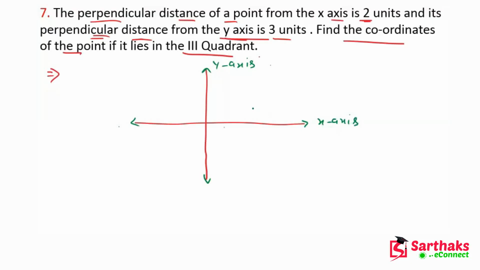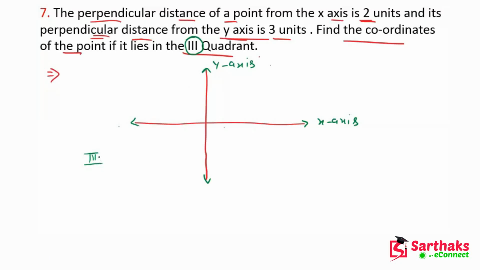Now if you observe, our first statement is saying that the perpendicular distance of a point from the x-axis is 2 units, and we know that the perpendicular distance of a point from the x-axis is the y coordinate. The most important thing is that the point lies in the third quadrant, this is our third quadrant.